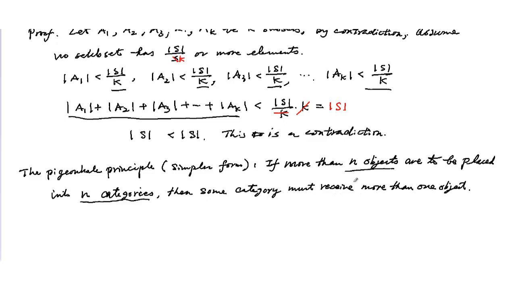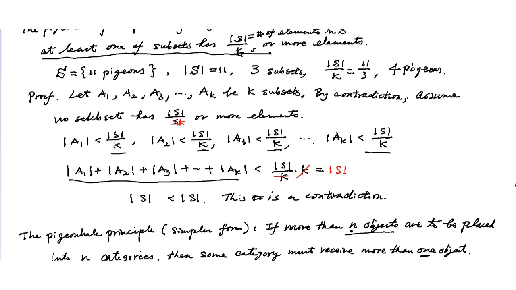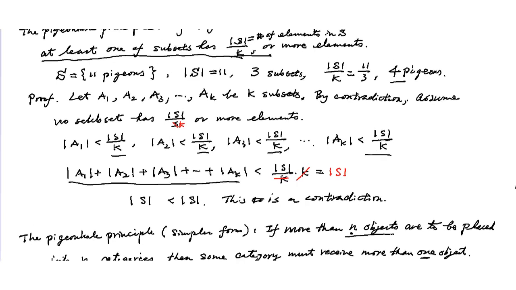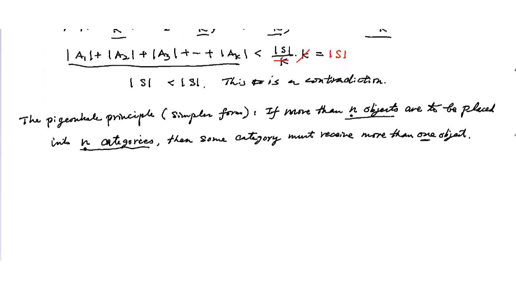So here, with more than n objects in n categories, some will receive more than one. But just now when we talked about 11 and 3, the average, 11 divided by 3, is about 3.67, so the closest whole number is 4 pigeons. Okay, so this is a simpler statement.